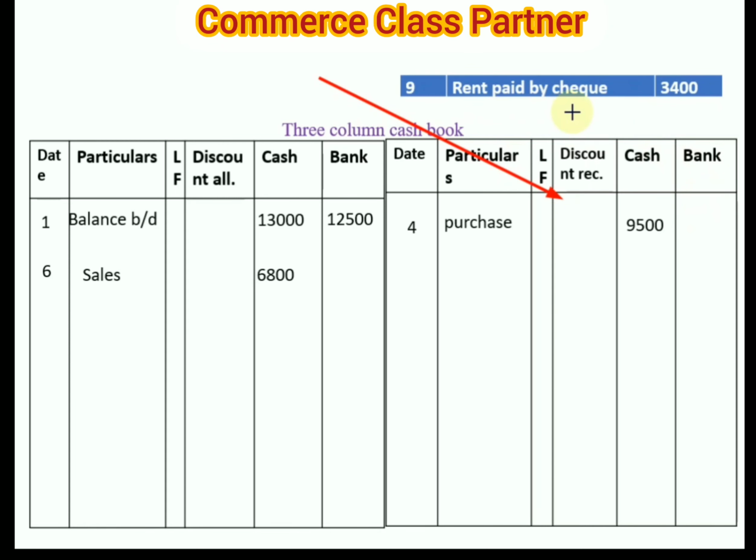When we are paying salary by check, the same entry applies: salary on the credit side and the amount on the bank account column. Here rent is paid, so we enter rent on the credit side. As we have paid by check, we should enter the amount on the bank column.